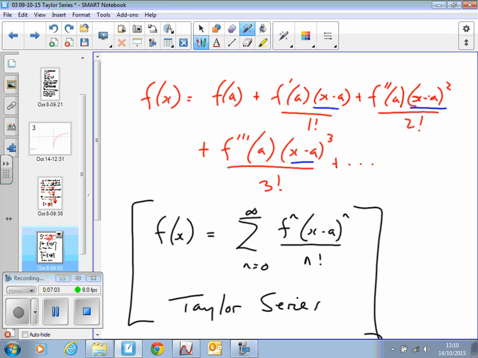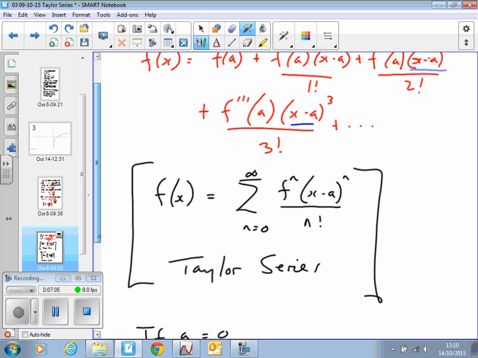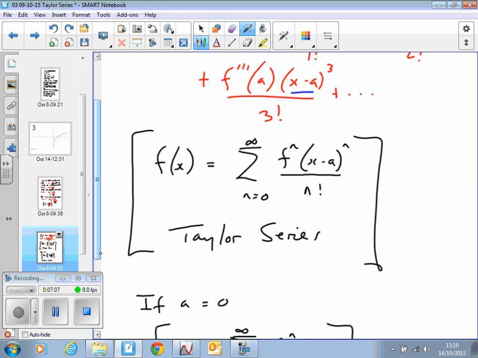So we end up with a general expression for the function. This power series can be written as the sum of, that's this symbol here, the sum of all the terms added together, where n equals the value of 0 to infinity. So n equals 0, we've got C0. n equals 1, we've got the value of the first differential over 1 factorial times x minus a to the 1, so that's the second term.